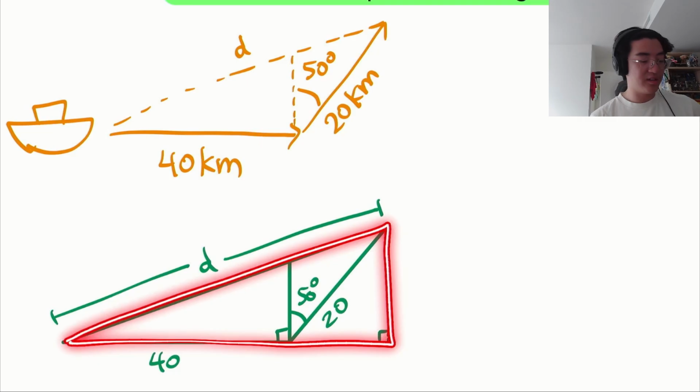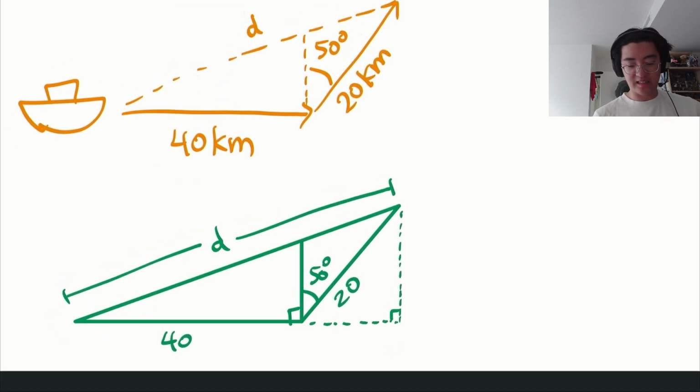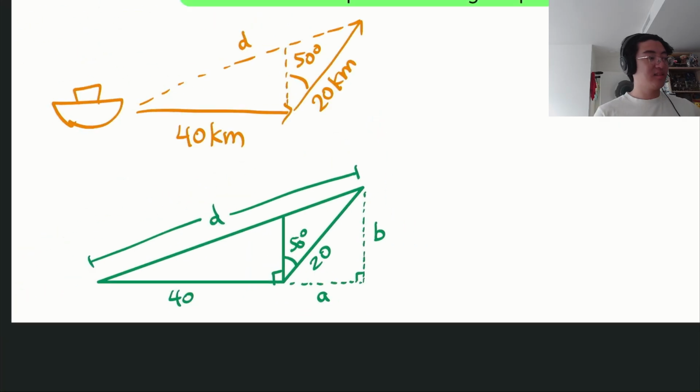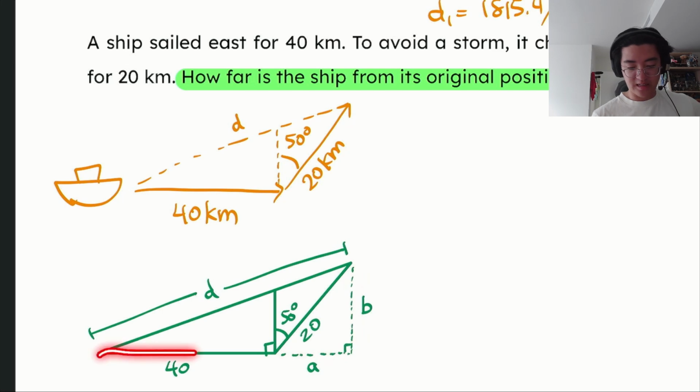Which means that we just have to find out what this new edge is. Let's just say that's B and that's A. If we find out what those two edges are, then the base of this triangle is 40 plus a, and the second edge is b. We can just do this added squared plus b squared equals c, the hypotenuse squared.